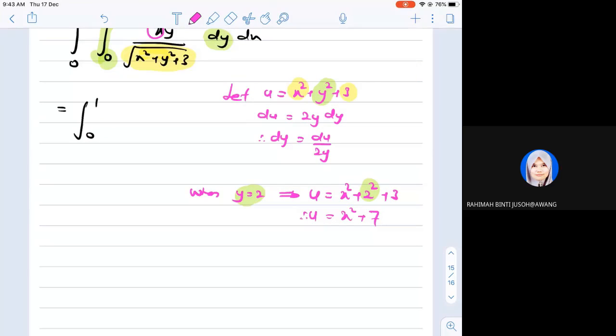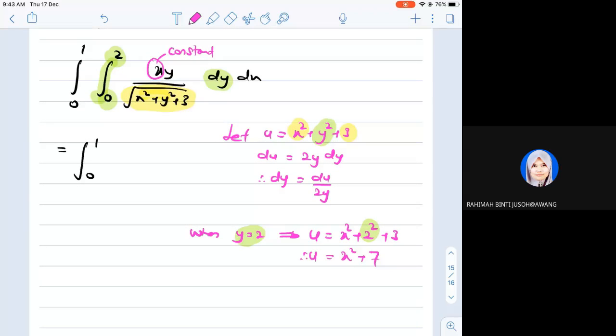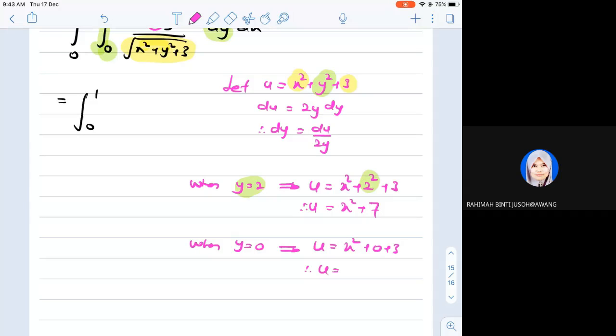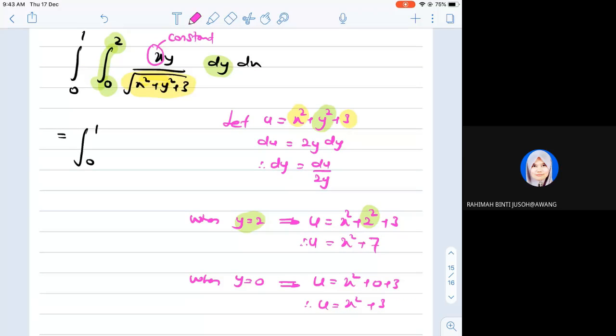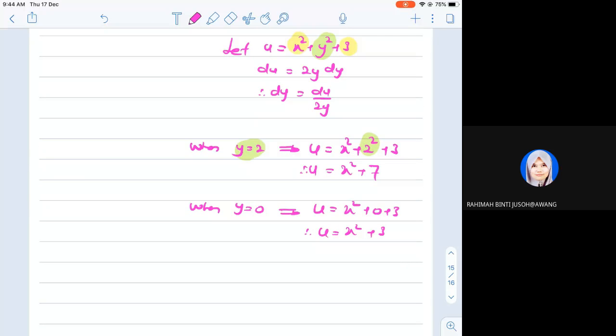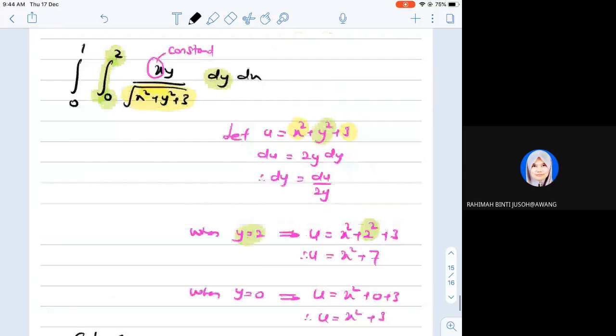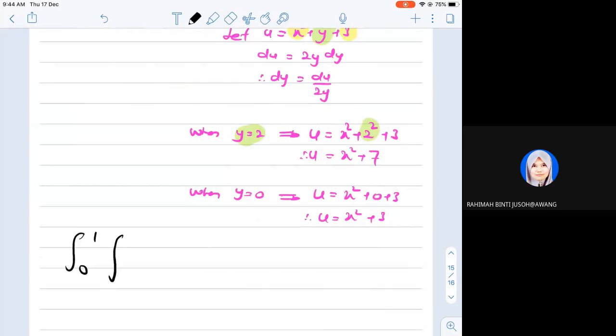That is the upper limit. Now the lower limit: when y equals 0, u equals x squared plus 0 plus 3, so x squared plus 3. Now we have to substitute into the integration. The 0 until 1 is maintained, and the limits for u go from x squared plus 3 to x squared plus 7.